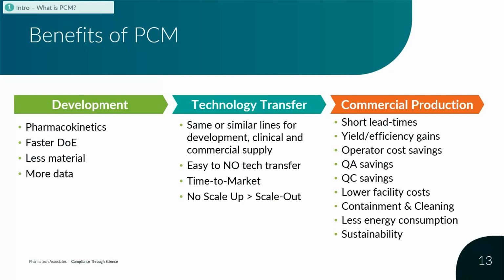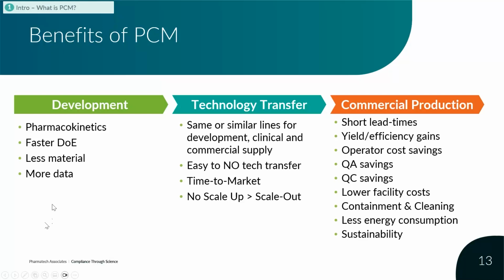And this will help you not only do your DOE work faster, but also use less material. You also generate much more data second by second. So in your development process, you typically have a much faster pace. Depending on the processes you use, you can also influence pharmacokinetics.